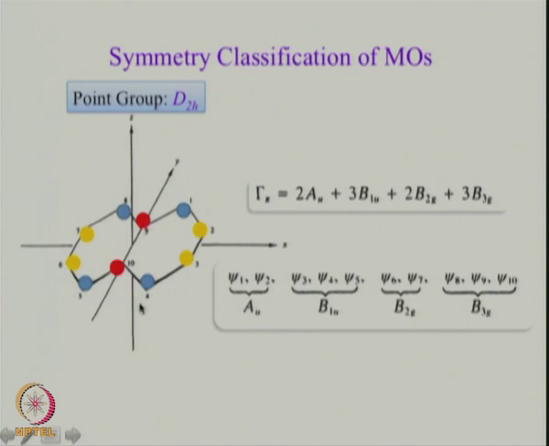Inversion, same thing, P9 becomes minus P10. When I apply C2y, C2 with respect to y, what happens to P9 and P10? P9 becomes minus P9, P10 becomes minus P10.